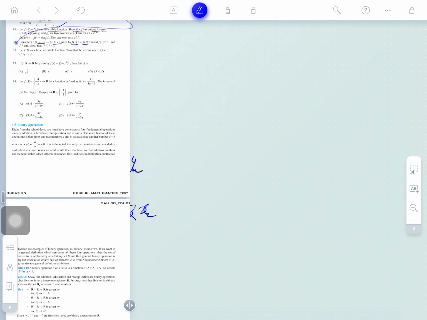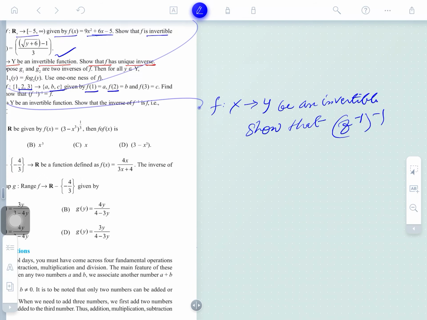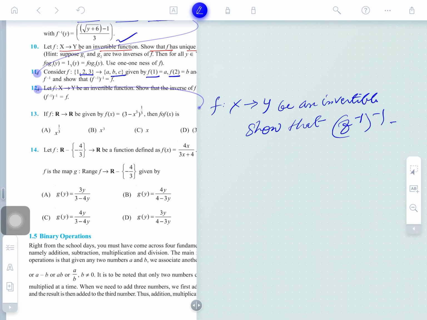Let f be a function from X to Y, and let f be invertible. What is to be shown here? To show that the inverse of the inverse of f is equal to f.